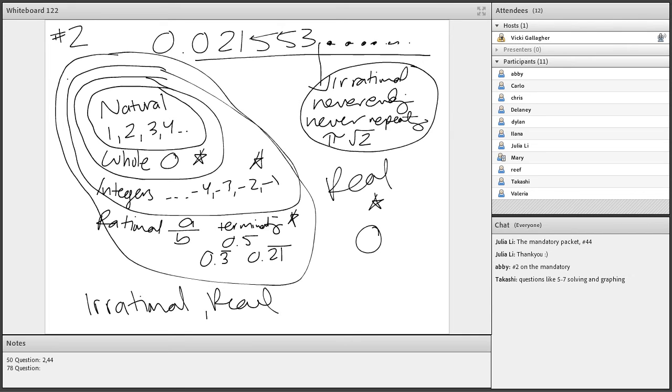All negative whole numbers are integers, rational, and real. If I have a fraction, it's rational and real. If I have a number like 5, then we start in the very center: natural, whole, integer, rational, and real. So you just figure out where to start and then work your way out from there.